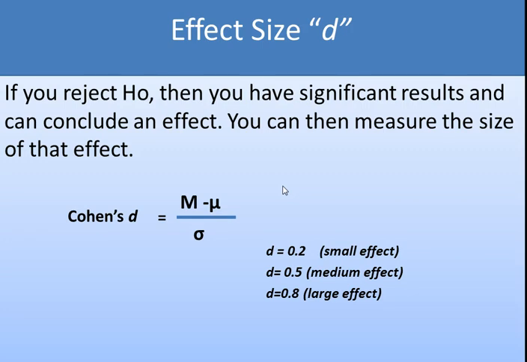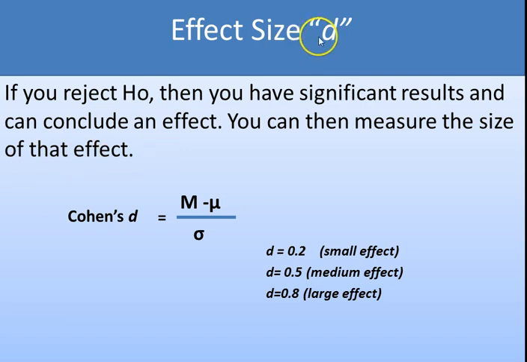Lastly, anytime that you do reject H0, then you have what's referred to as significant results, and you can conclude that indeed you do have an effect. And if you wind up being able to conclude that you have an effect, then you can measure the size of that effect.